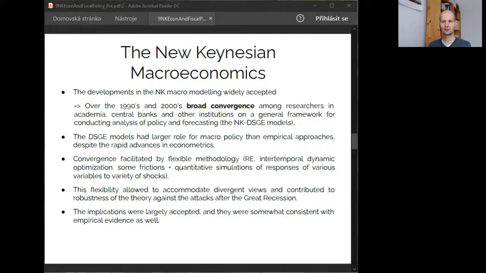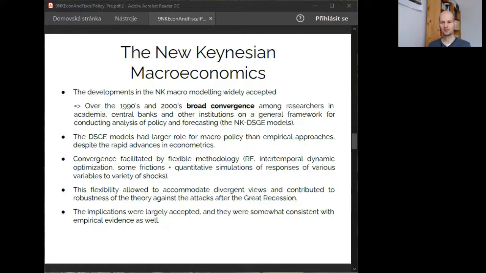So almost everybody converged to new Keynesian DSG models in those institutions. These models were more popular than even empirical approaches, despite the rapid advances in econometrics and time series econometrics. The DSG models were theoretical, and therefore they were largely preferred over the other approaches.